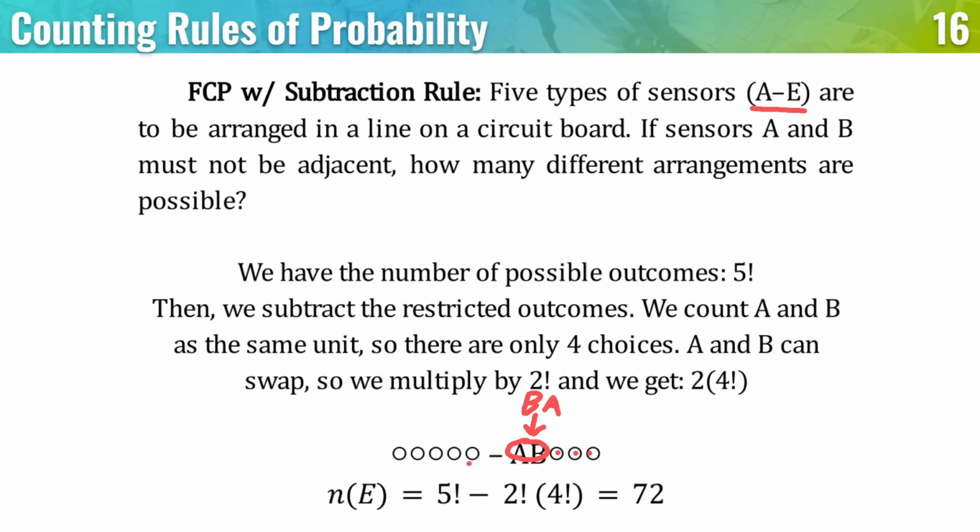So that's why the possible ones are 5 factorial from the sensors A to E, minus 4 factorial from the restricted ones times 2 since A and B can swap. They are the same as B and A. So our final answer is going to be 72.